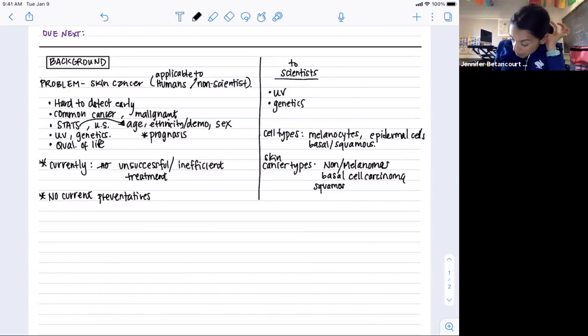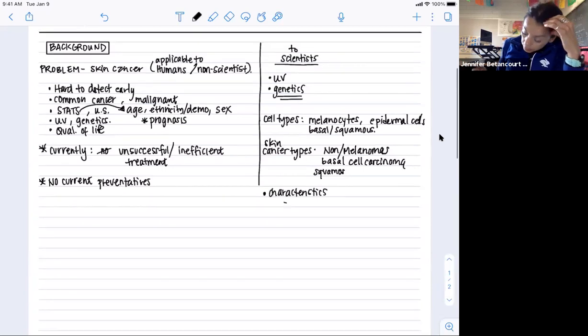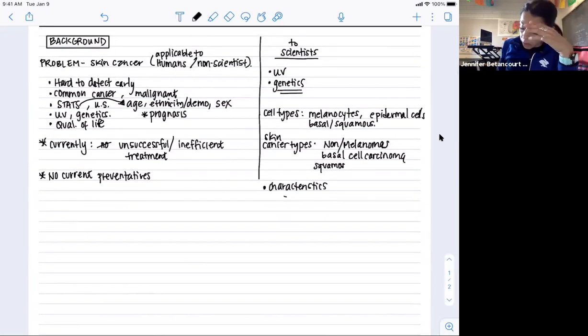Now, let's see if there's anything else that I want to talk about. Oh, we're talking about causes. I see a couple people saying pyrimidine dimer. Okay, cool. So let's see, maybe characteristics of cancer. The characteristics include a misregulated or unregulated, we'll just say poorly regulated, cell cycle.